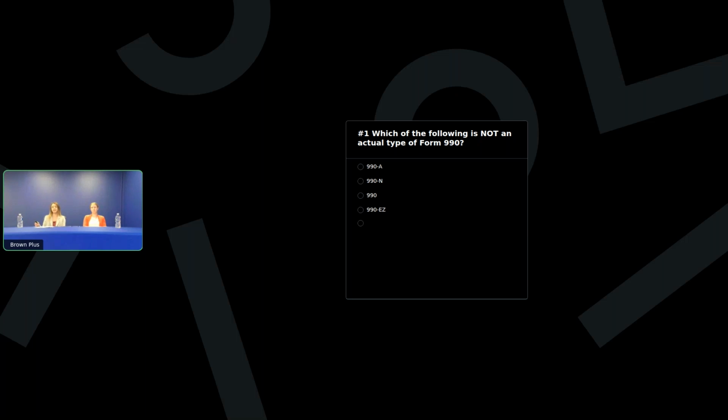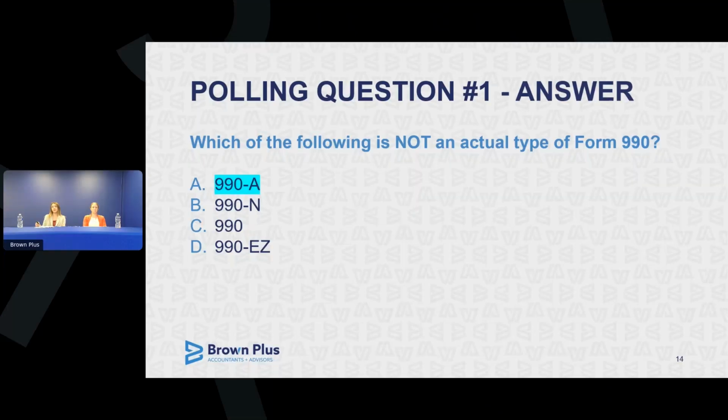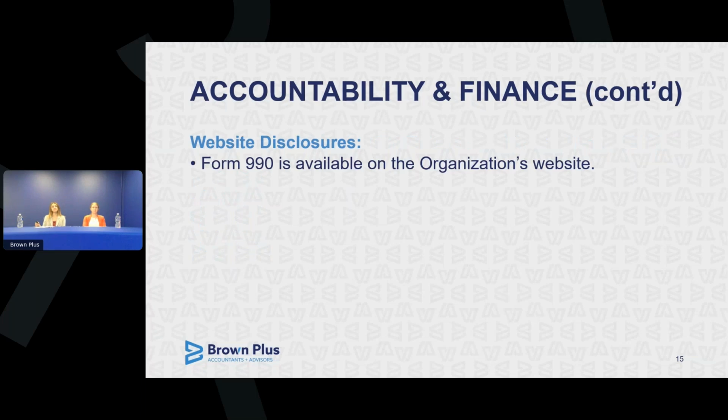So we'll give you a couple seconds to answer that question. Okay, so close that. The answer is 990A. That is not one of the types of 990s.